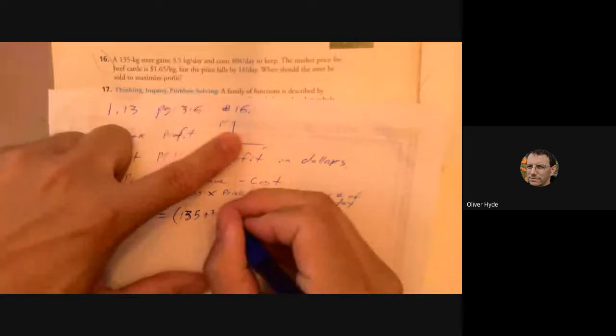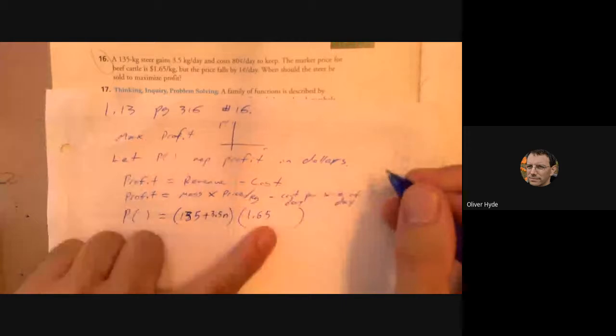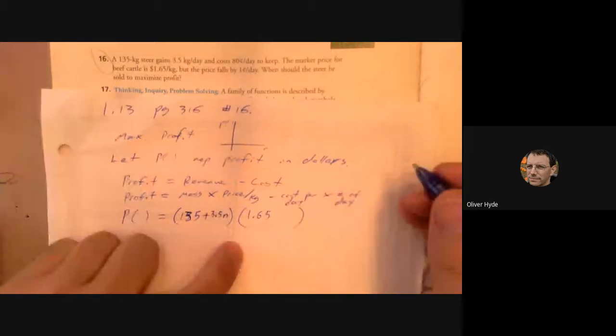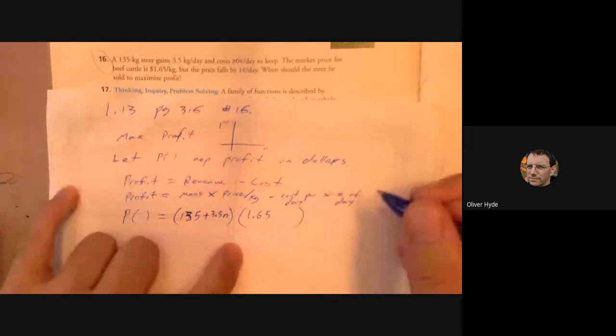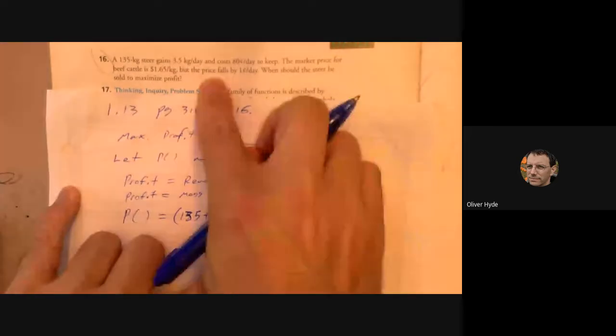So I'm going to add 3.5 multiplied by the number of days to wait before selling. There's my increasing factor. I'm going to predict the other factor should be a decreasing factor, like a decreasing linear relation. The market price begins at $1.65, but every day that I wait, the price falls by $0.01 or 1 cent multiplied by the number of days that I wait.